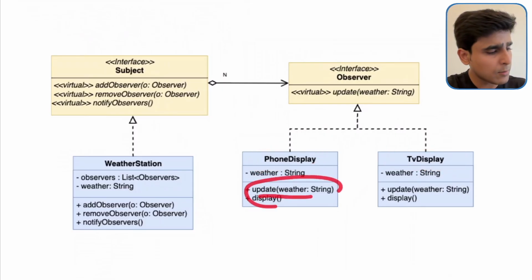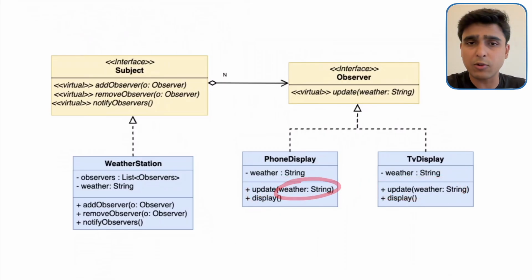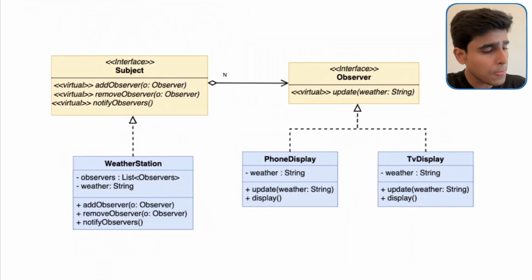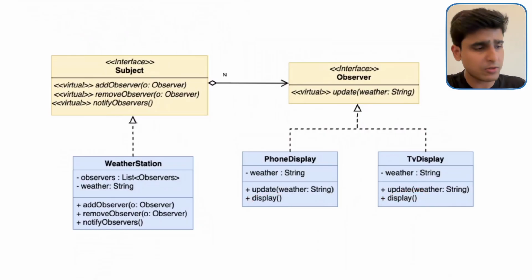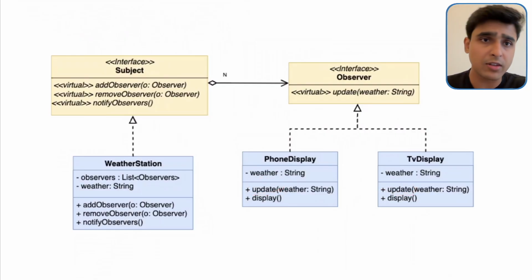They implement this update function, and the weather station will send the weather information. In this case we are taking a string, and these individual observers can do whatever they want with that information. They can display it, maybe they can store it, it is up to them. But there is a consistent update function which the weather station can use for all of its observers.